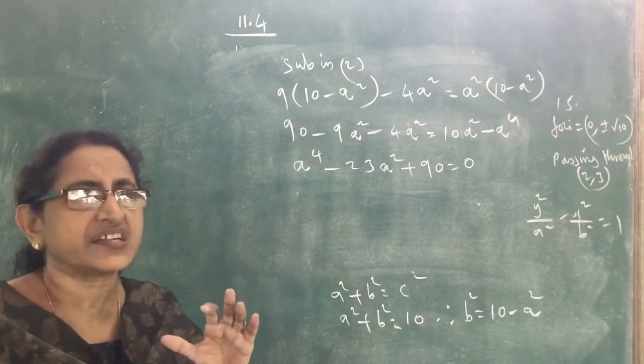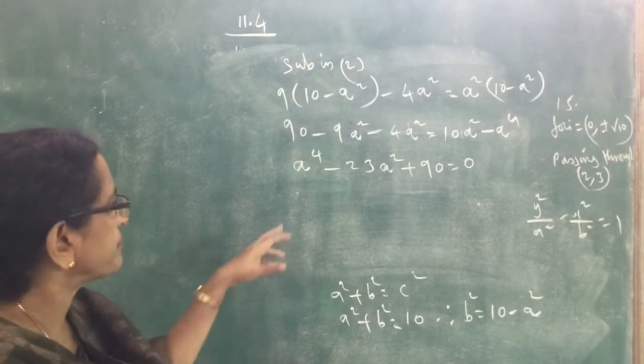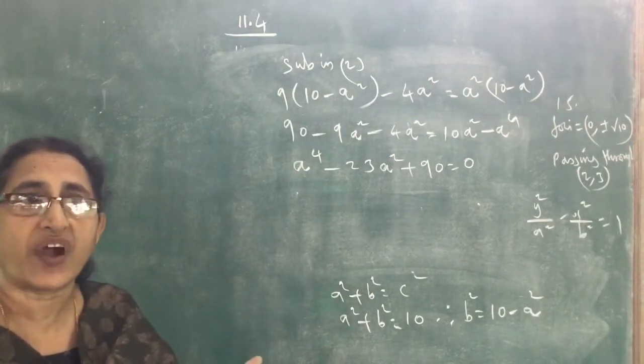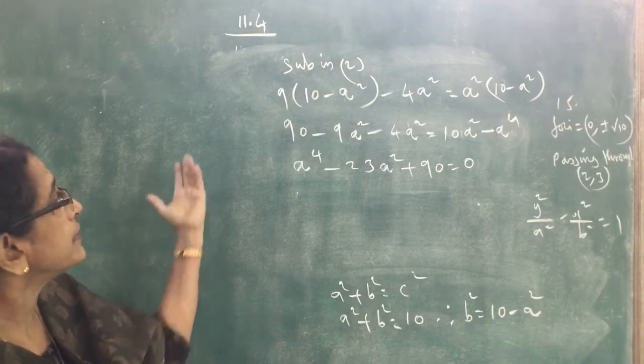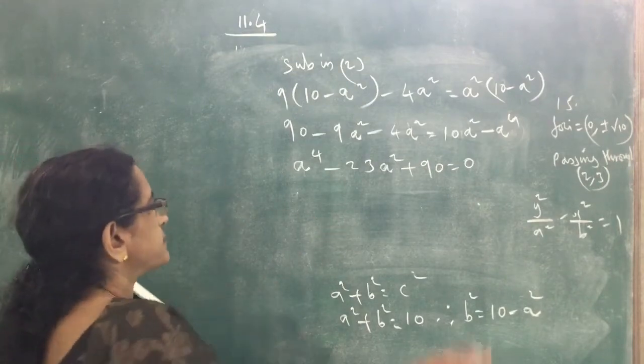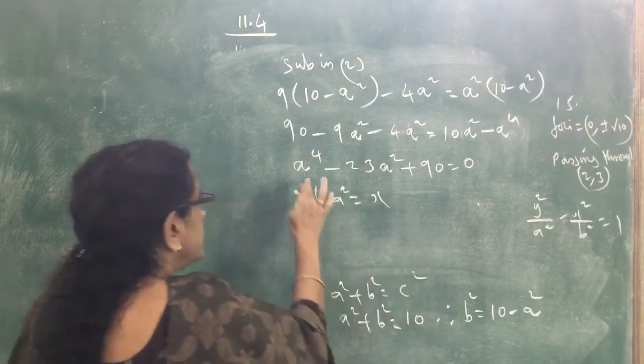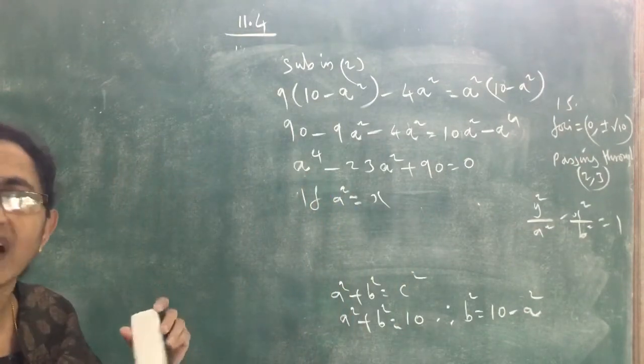So if you consider a square as some other variable, y or x, we can substitute. If a square equal to x, this equation can be written as a quadratic equation.